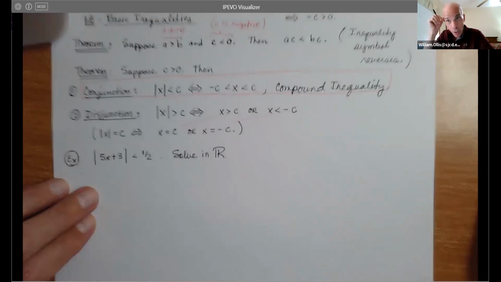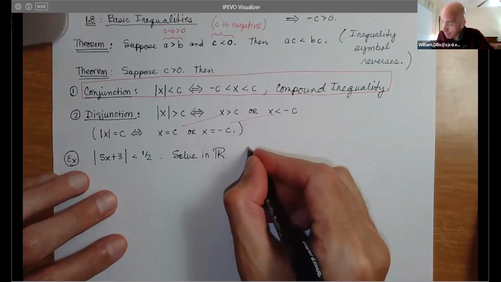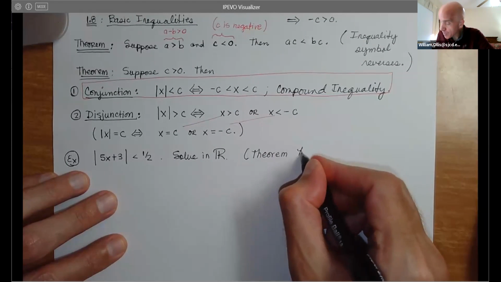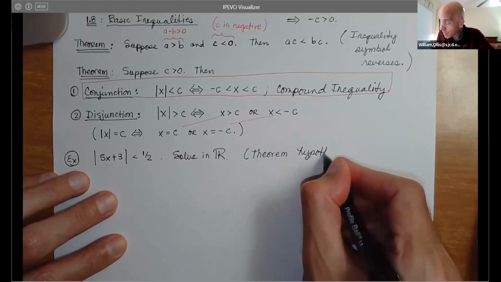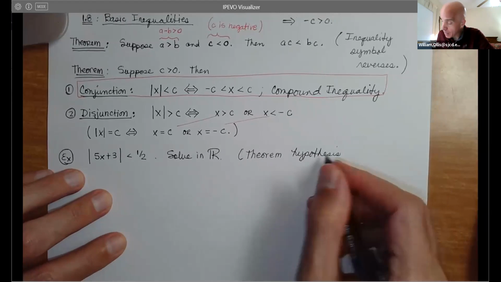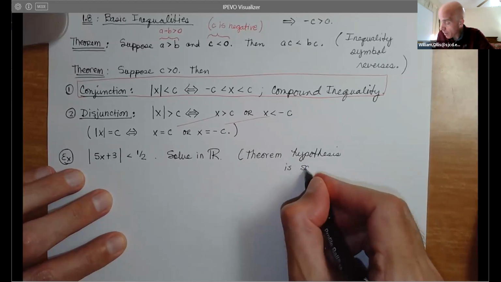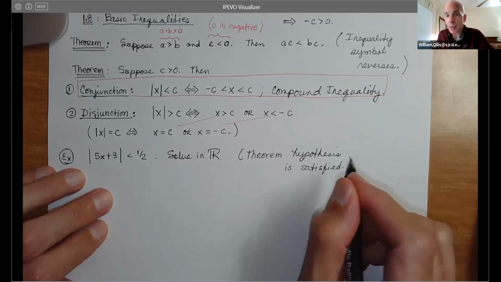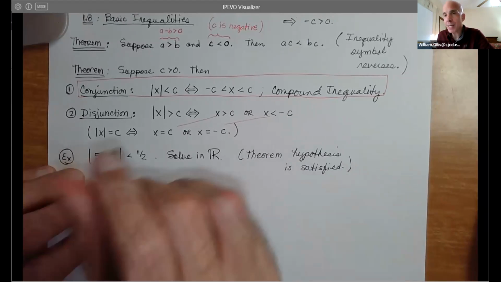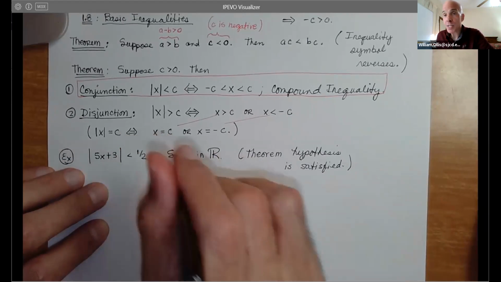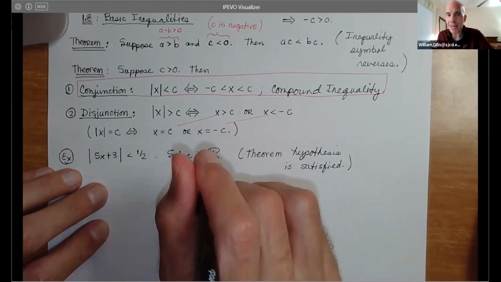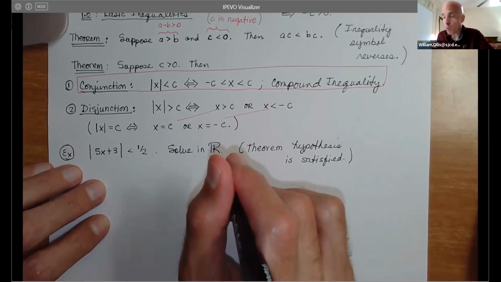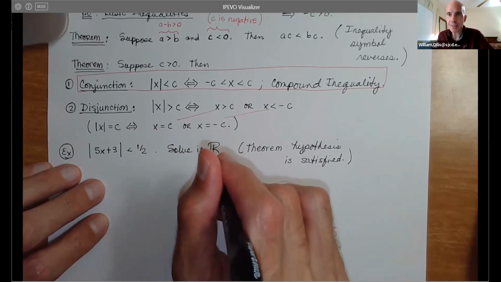So when we look at this, we say theorem, hypothesis. That is, what do we have to use it? Theorem hypothesis is satisfied. I mean, if we're going to use the quadratic formula, we have to make sure that we've written our equation with a 0 on one side, so we can write down a correct a, b, and c, because we derive that formula with that hypothesis.